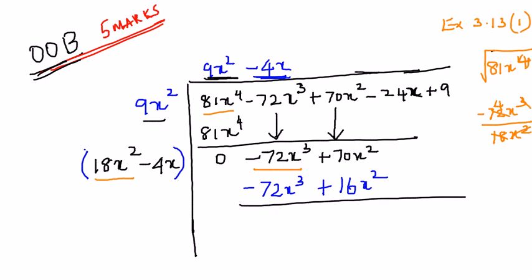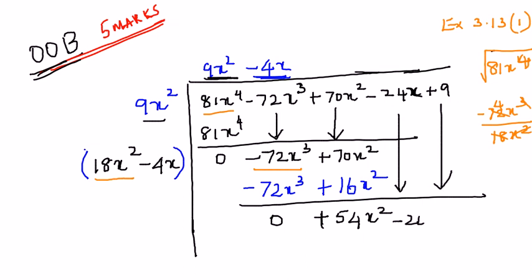Now as always you subtract. So to make this 0, I'm going to change the sign, right? When I add, this becomes 0, and this becomes 54x squared. Next you bring down the next two elements, which is minus 24x plus 9.